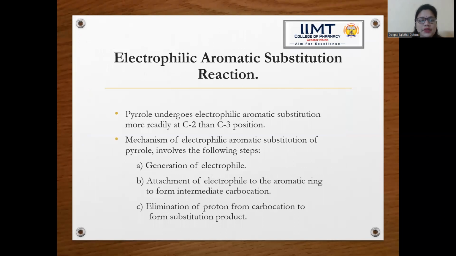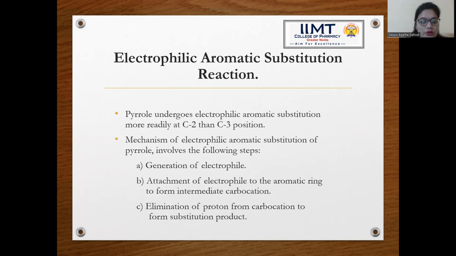Next is electrophilic aromatic substitution reaction. Electrophilic aromatic substitution means the substitution of one electrophile by a stronger electrophile.